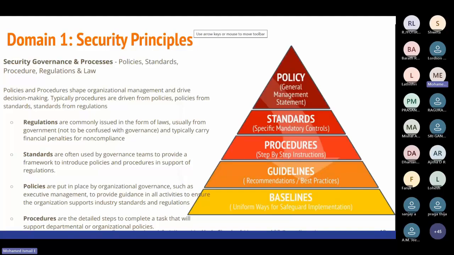But if you take any big MNCs in India like Infosys or Wipro, they should define policy very, very clearly. Like this is the policy for onboarding a user or employee to the company. This is the process when an employee leaves the company or resigns. This is the policy they need to follow. So those policies are defined by general management statement.